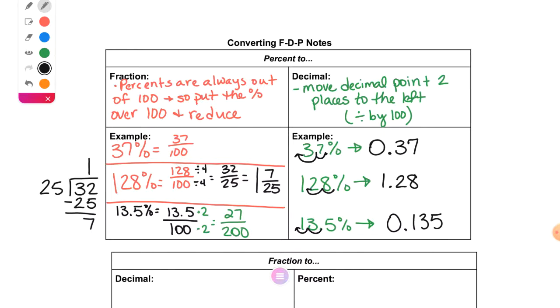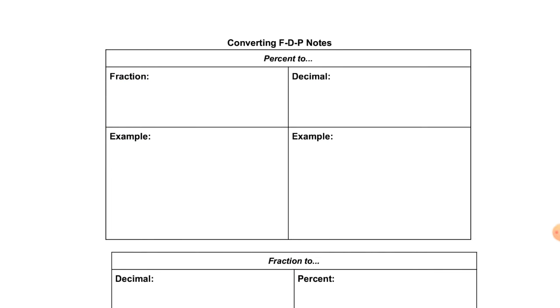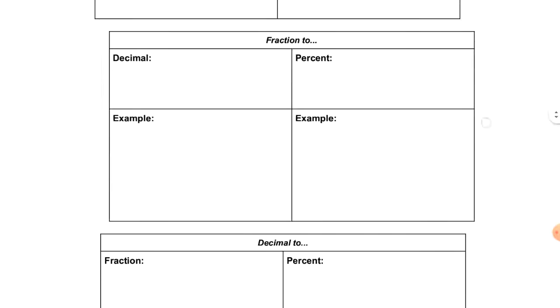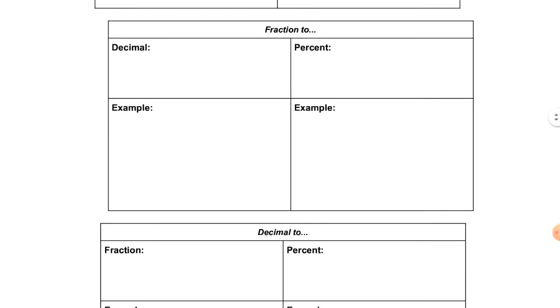Okay, going down. Now we're changing a fraction to a decimal and a percent. How do you think we change a fraction to a decimal? Any ideas? There's an easy way and a hard way.